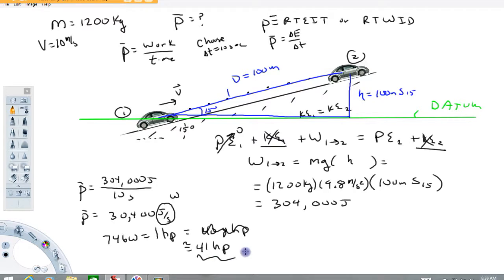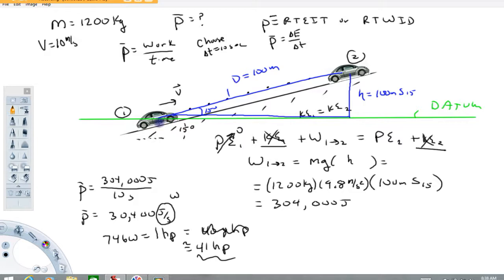So, all right, this example is designed to demonstrate how to calculate average power delivered by a motor in this case. And again, you can do it either by work divided by time or change in energy divided by time. Doesn't really matter which. You can get the work term via the work-energy theorem, or you could calculate the frictional force acting on the car.